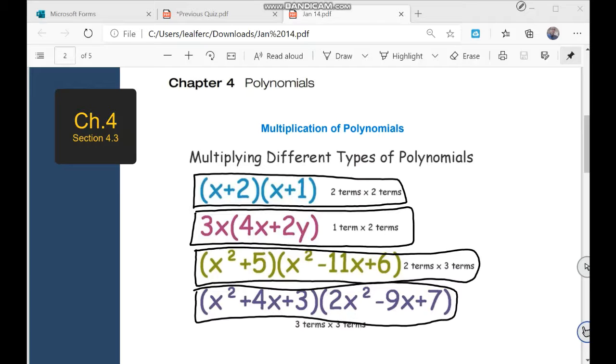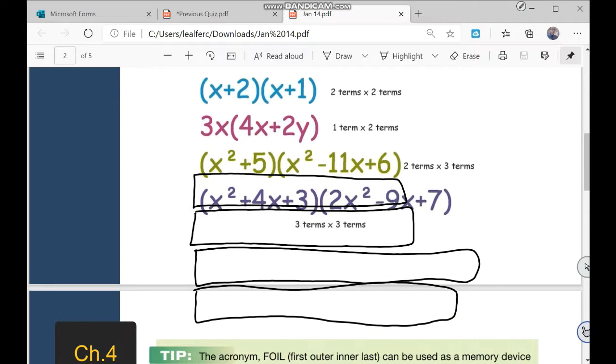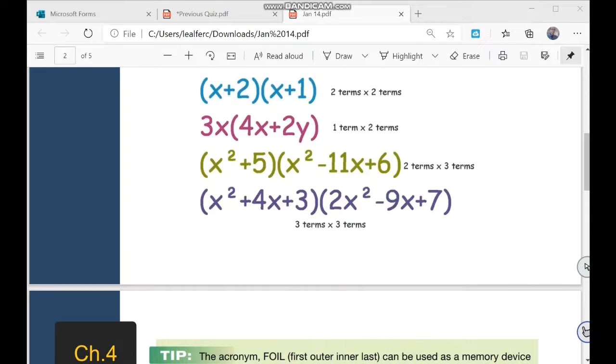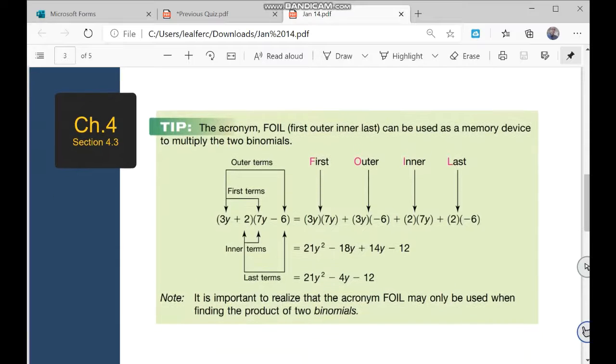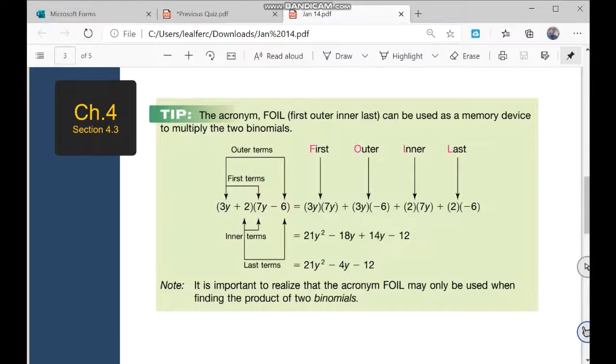We're going to learn, we're going to understand how to multiply polynomial with several terms times polynomial with several terms, lots of terms. And the first thing that we will practice and we will understand how to work is the multiplication of binomial times binomial. There is a tip or a memory helper.